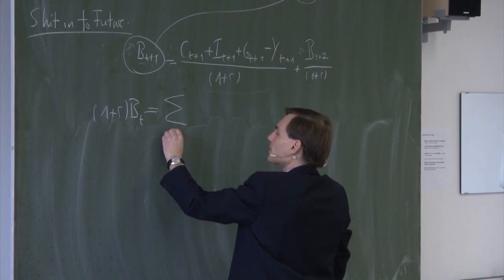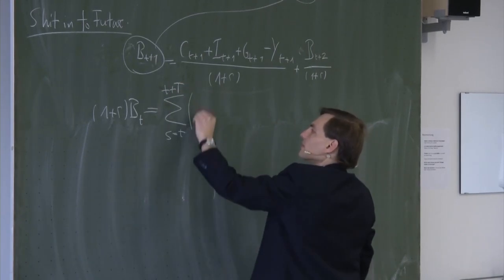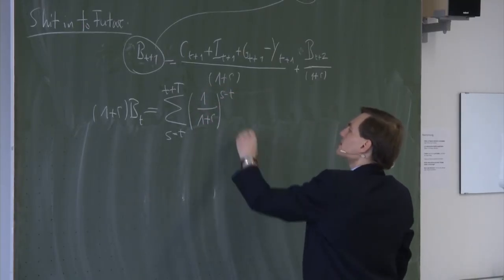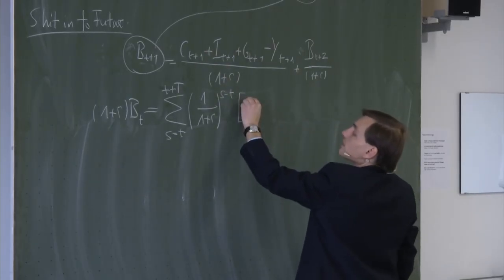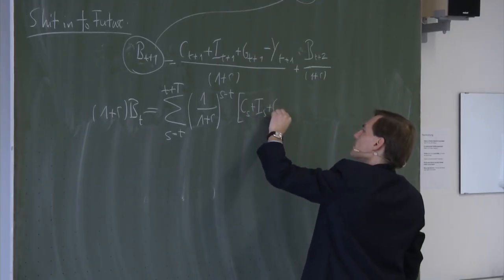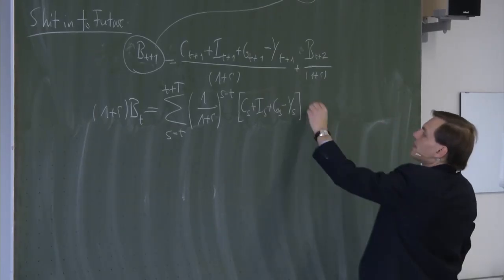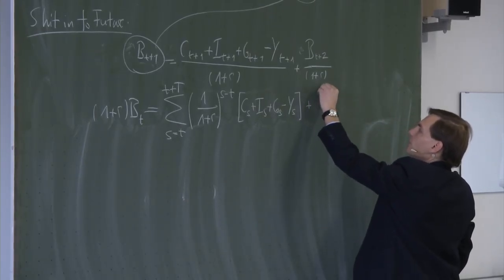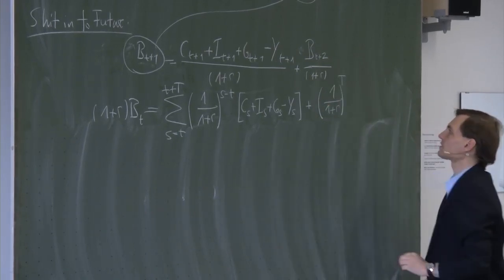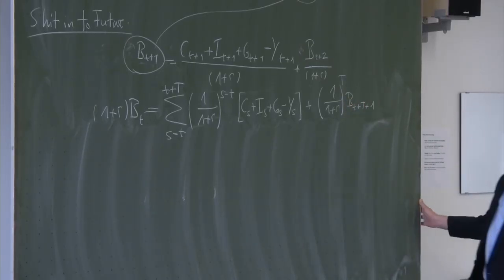It's the sum of this (1+R)^(s-t) of this first term: consumption, investment, government spending, minus output. And then we have a final term, which is at capital T for B_{T+1}.